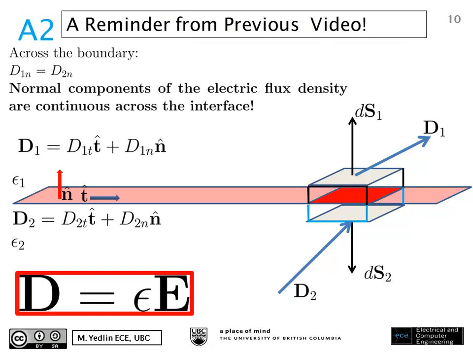From the previous video, we had that for D, the electric flux density, the normal components were continuous across the interface, and D is equal to epsilon E. I don't think it's a big stretch to guess what the boundary conditions should be for J, since J equals sigma E.